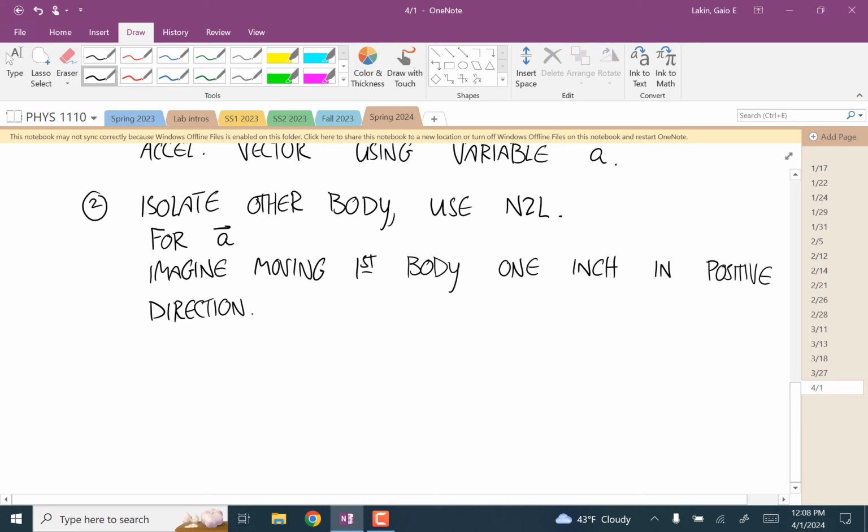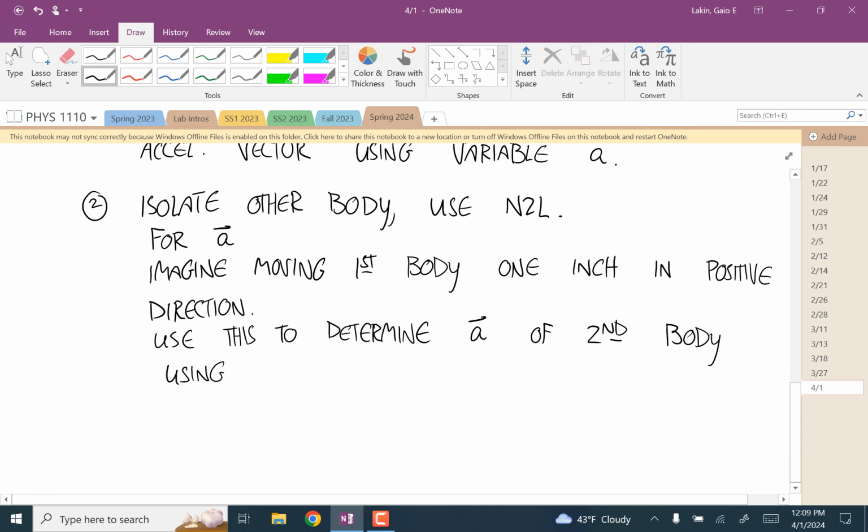And you're going to use this to figure out how the directions of the accelerations relate to each other. If you move the first body an inch, you have to think, what does the other body do? So you're going to use this to figure out an expression for the acceleration of the second body. It's also going to be using that variable a.